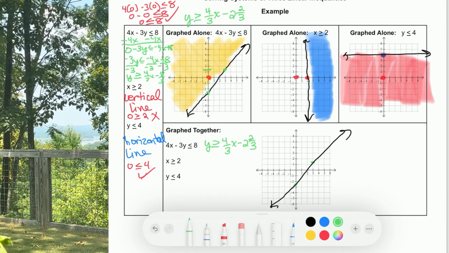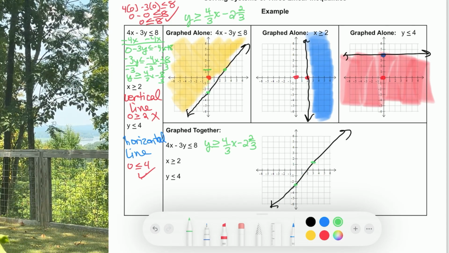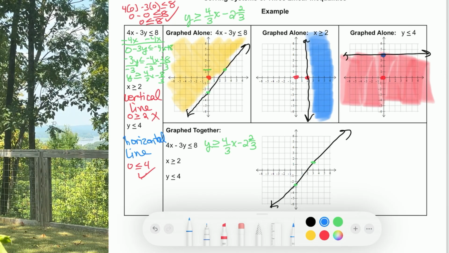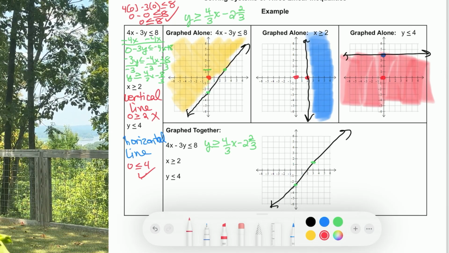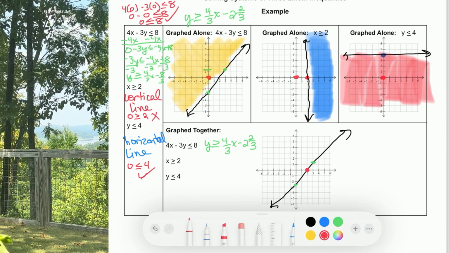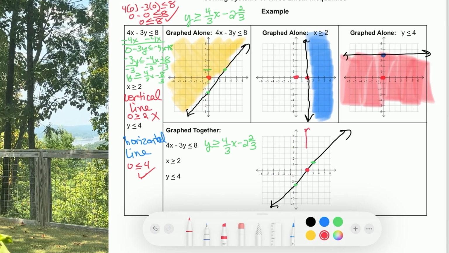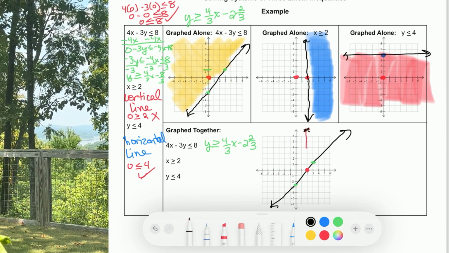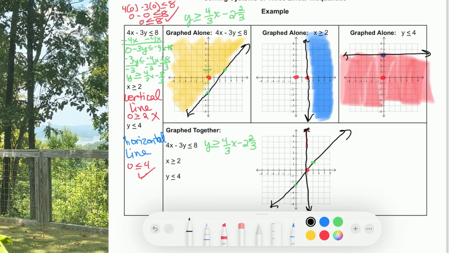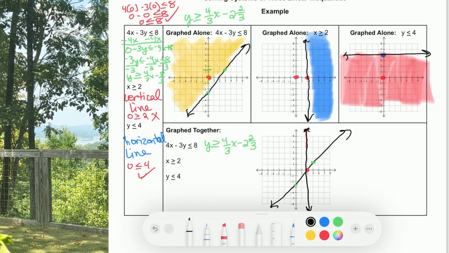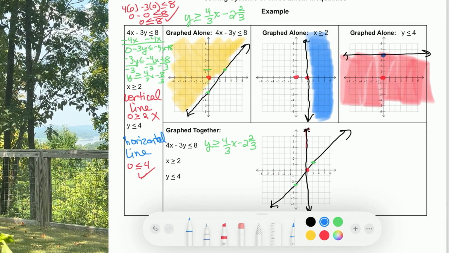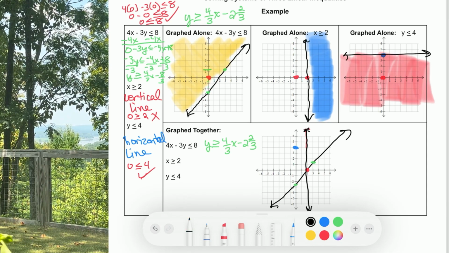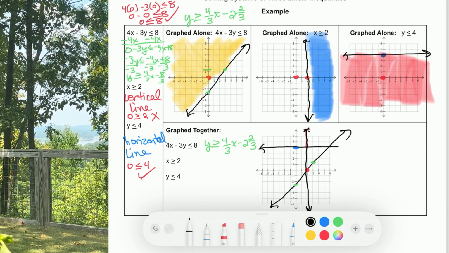Do my next one, which was the vertical line at 2. So it's right here. Change that to black. It was also a solid line. And then I had my horizontal line at 4. And it was also a solid line.